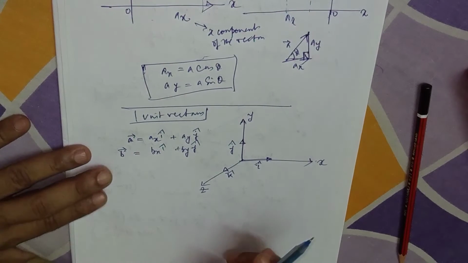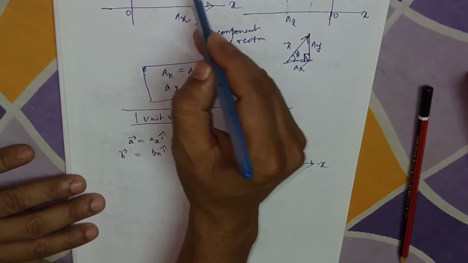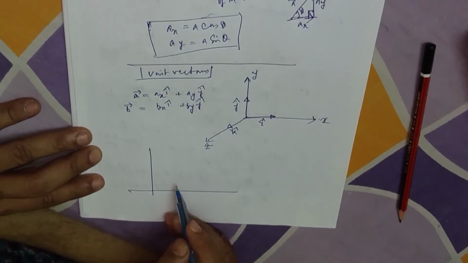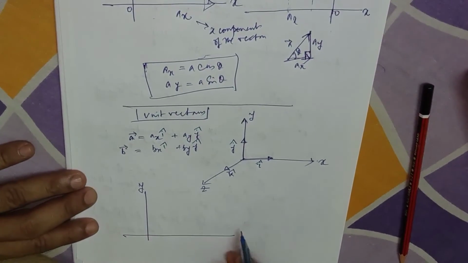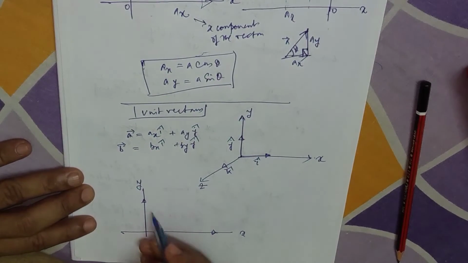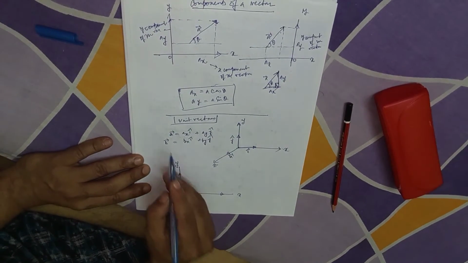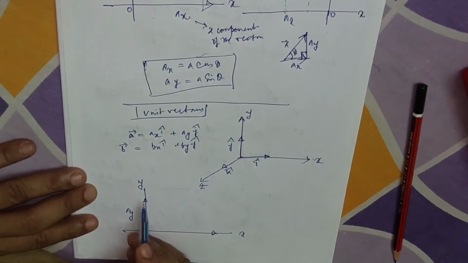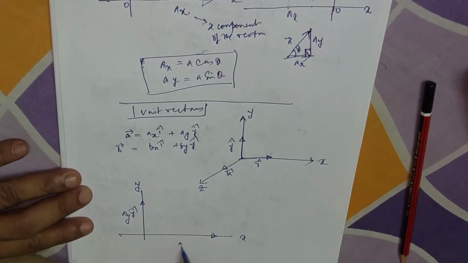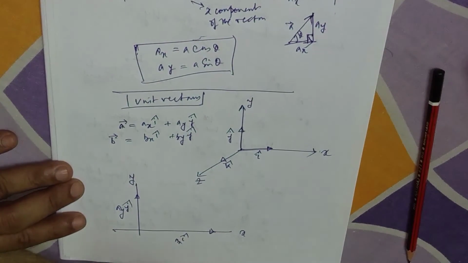Now again, from this picture we can draw this again. So these are the components. What we have written here, ay is with j, ax will be with i. So I think now you can get it.